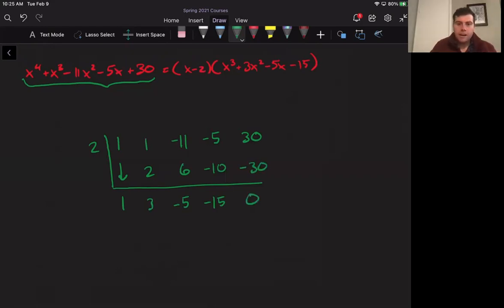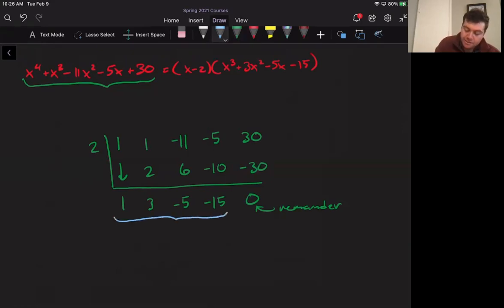Now this is where the interesting thing comes into play, where this 0 is what becomes known as our remainder, which is exactly what we had before, a remainder of 0. That allows us to conclude that 2 is a root, and we actually got the coefficients of the new polynomial.